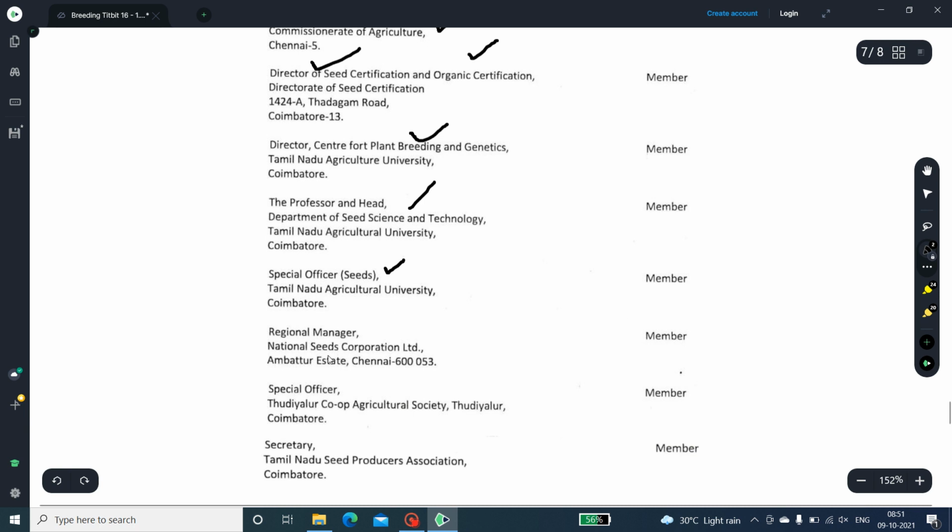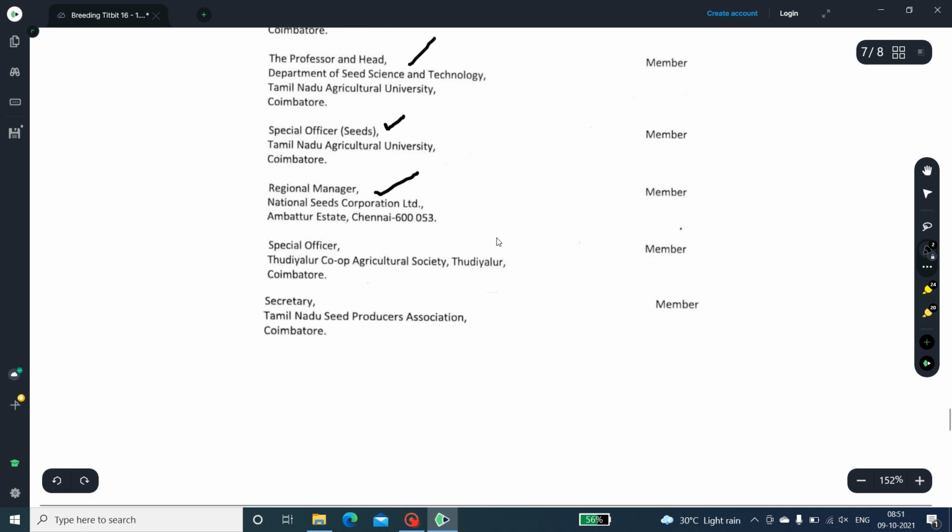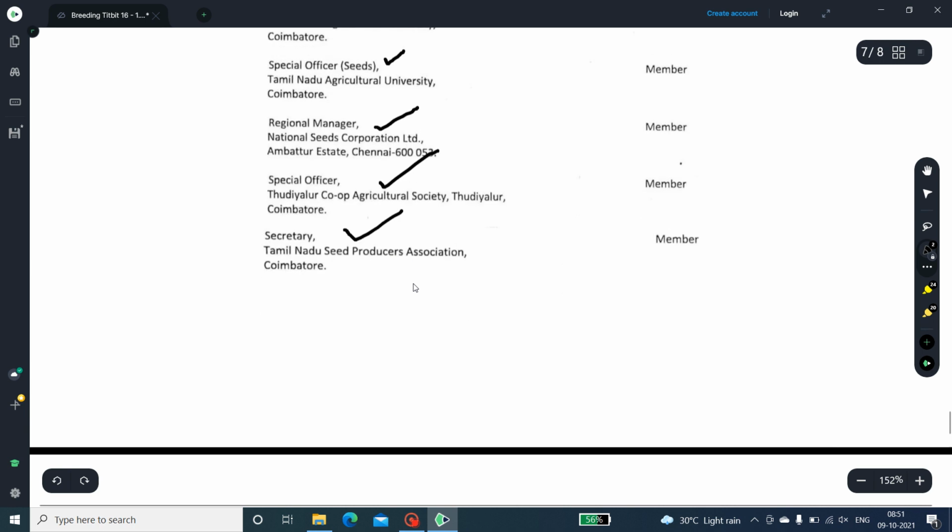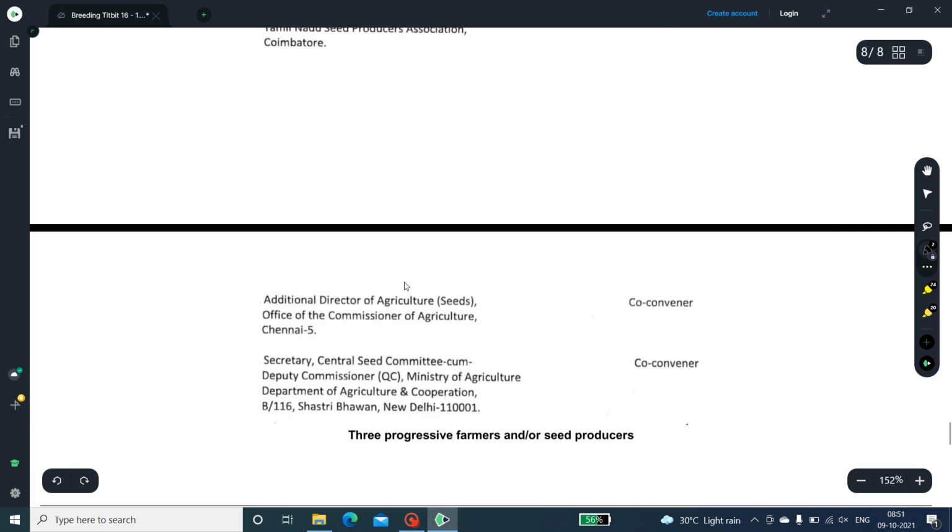The Regional Manager of NSC is also a member. The Special Officer, Tudilur Cooperative Agriculture Society, Coimbatore, and the Secretary, Tamil Nadu Seed Producers Association, Coimbatore. The Additional Director of Agriculture, Seeds, in charge of seeds, is the co-convener.